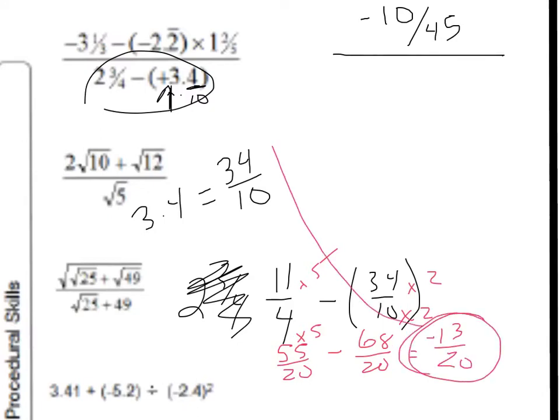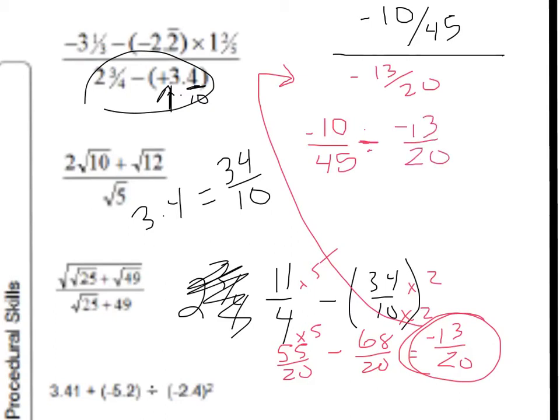So now that answer comes back up to here, negative 13/20. Obviously we can't leave it like that, so we're going to rewrite it as negative 10/45 divided by negative 13/20.